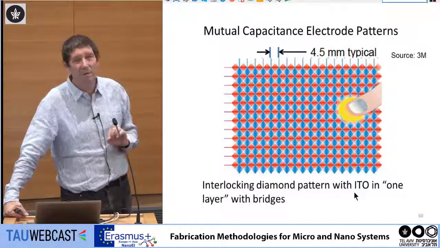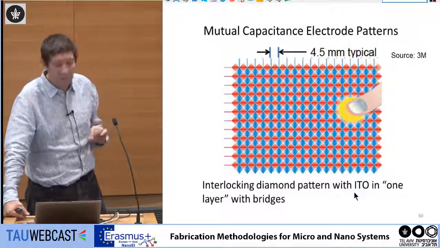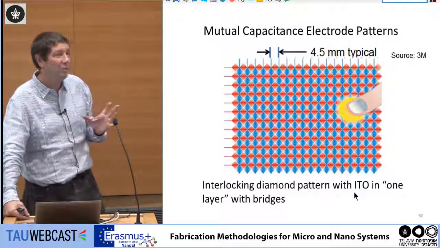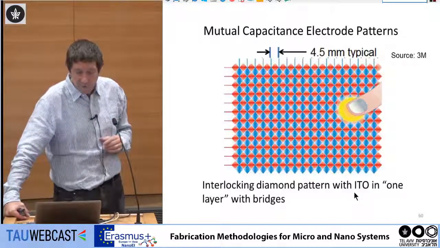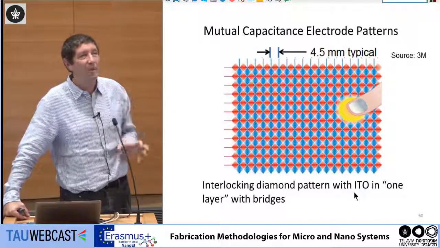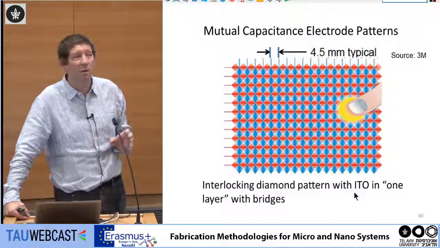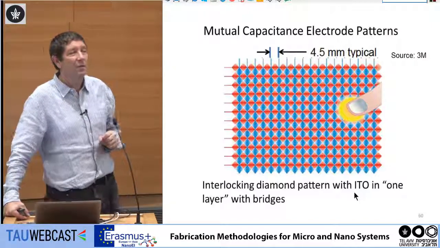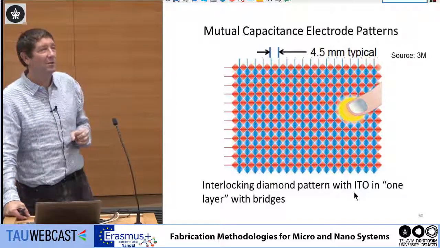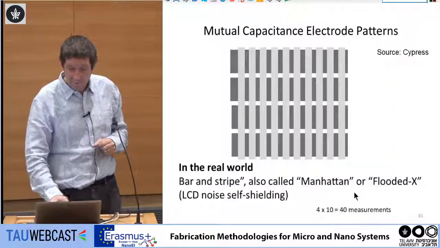And this is one thing I want to teach you a little bit today about, a new material, not so new, but the material called ITO, indium tin oxide, which belongs to a family of what we call conducting transparent oxides, CTOs. And there are a few metal oxides which are conducting.